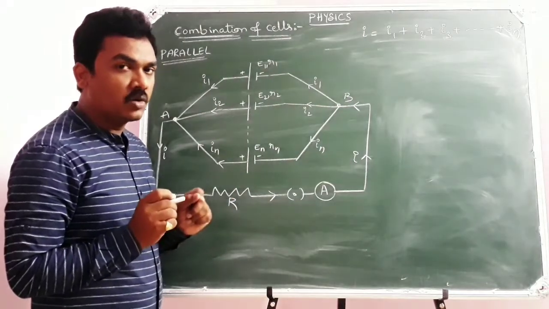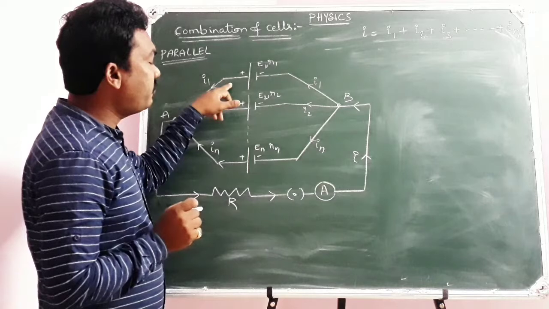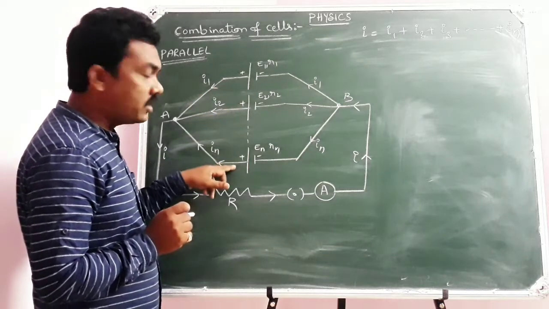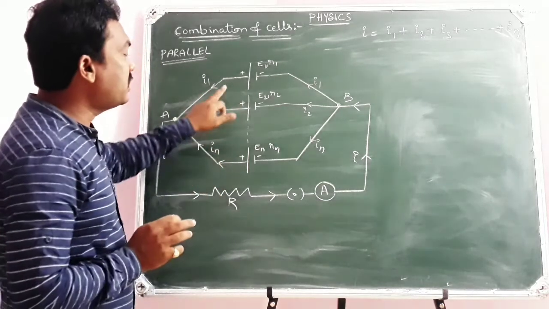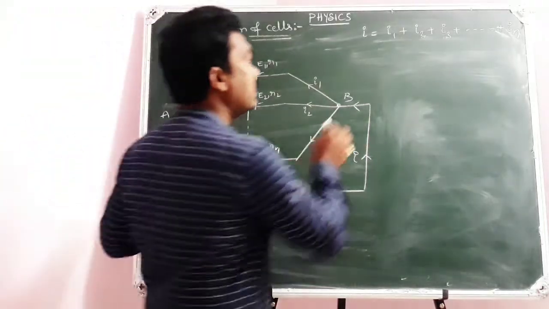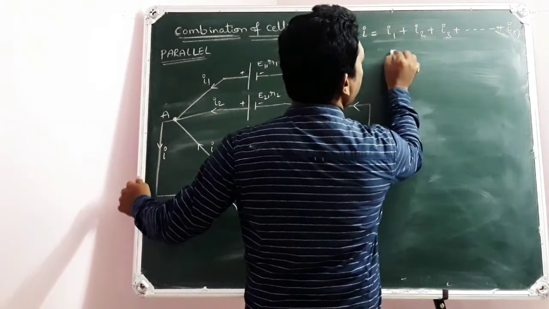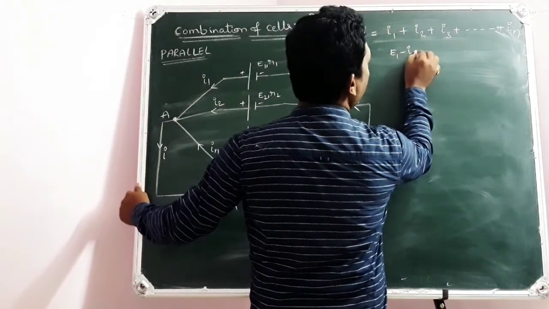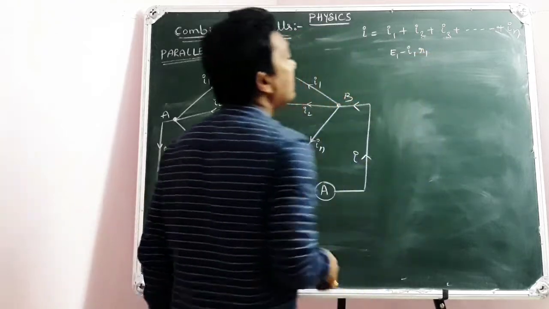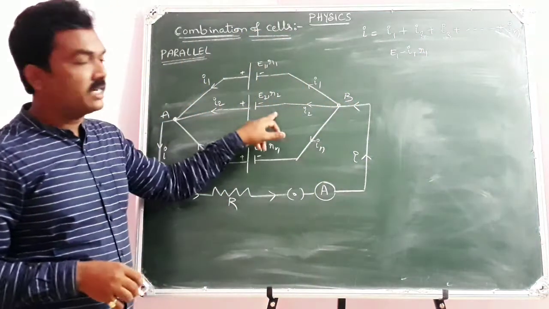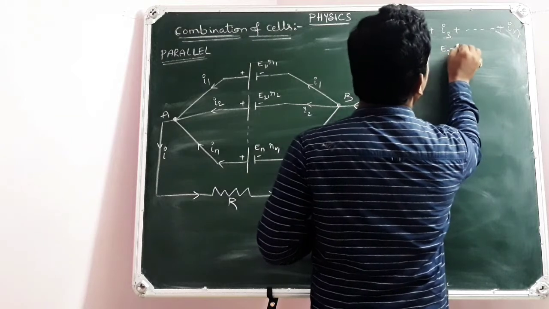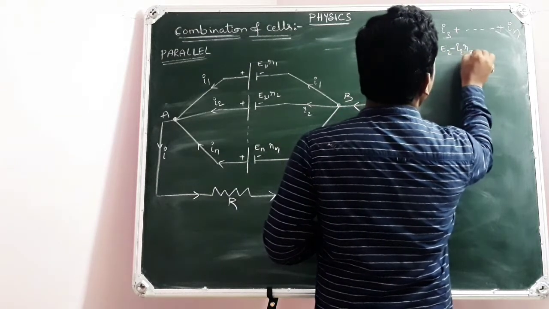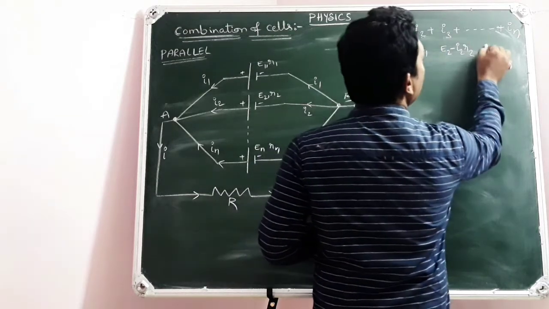So you have learnt that in parallel combination, the potential difference across every cell remains constant since they are in parallel. Now what is the potential difference across the first cell? It is E1 minus I1 R1. What is the potential difference across the second cell? E2 minus I2 R2. What is the potential difference across the third cell?